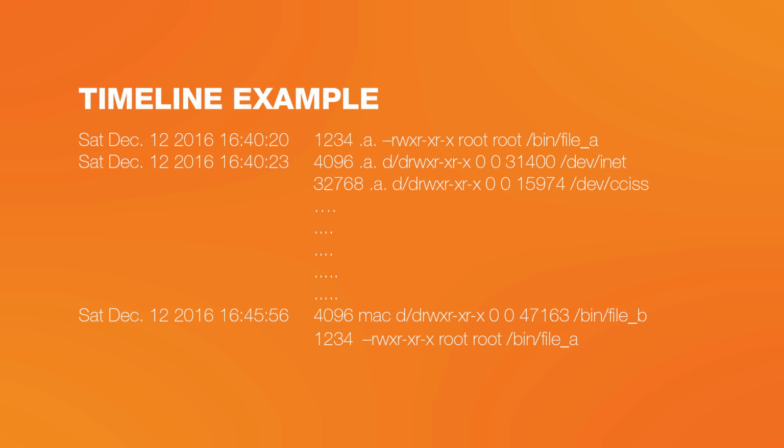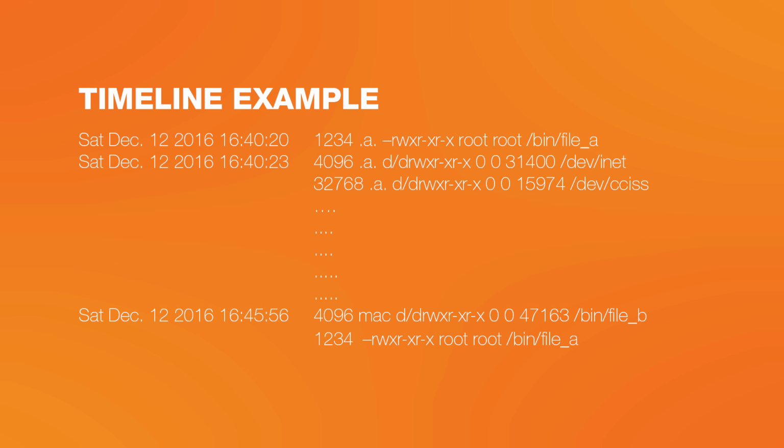.A. means the timestamp is only for A time, and that the same file was last modified and changed at a later time. In our example, file A was last accessed at 16:40:20. It was last modified at 16:45:56. Its inode content was changed also at 16:45:56.